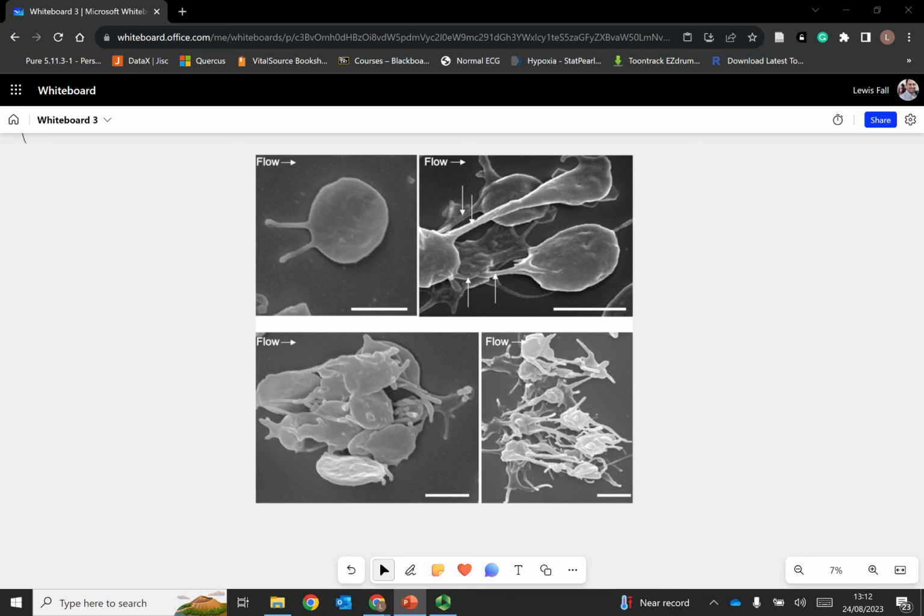Okay, so what you're seeing on this bit here is tethers forming with von Willebrand factor on the platelet surface itself. And then what you're seeing over this side is what's called a stable aggregate starting to form. And what you're seeing is platelets starting to tether themselves to other platelets.